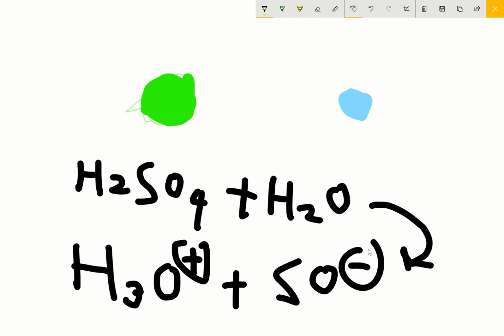So if an acid ionizes completely with water, it will be a strong acid. If it ionizes only partially with water, then it will be a weak acid like citric acid. On the other hand, concentration is the number of moles of solute in a liter of solution. That's just how many moles are in the solution.